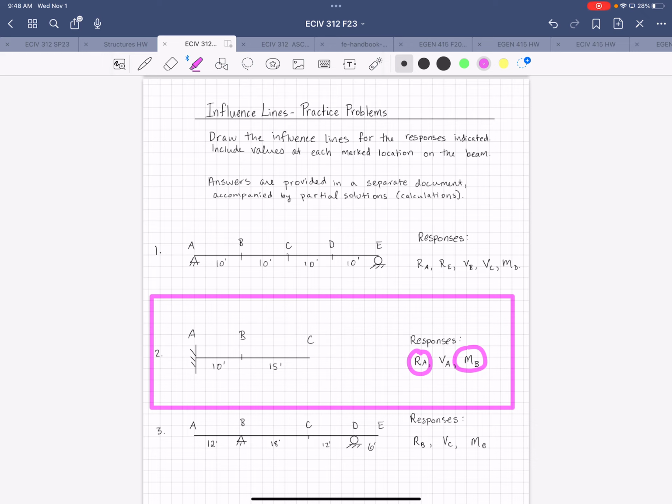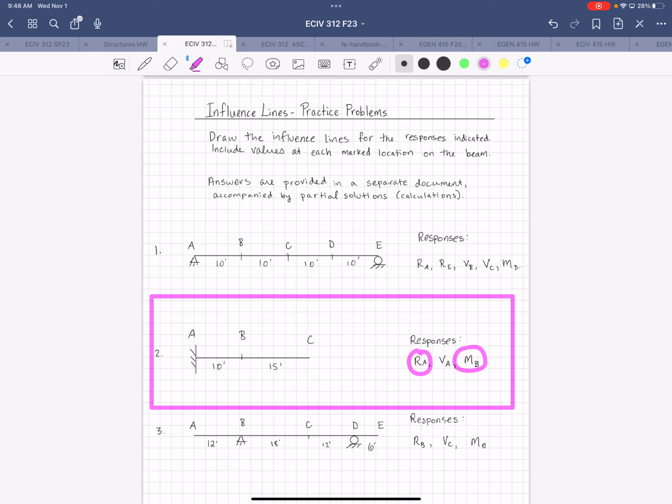Now how about the moment at B? What's that one gonna look like? 0 if the load's still left of B. That's correct, yep. So when the unit load is at the support, it will of course be 0. And then the next key location is at B, right?